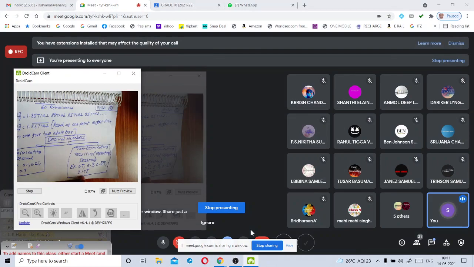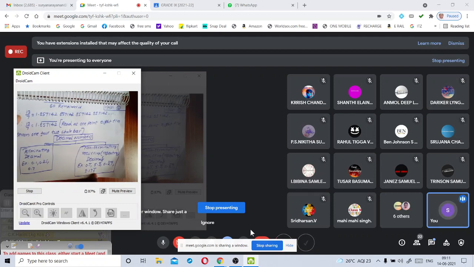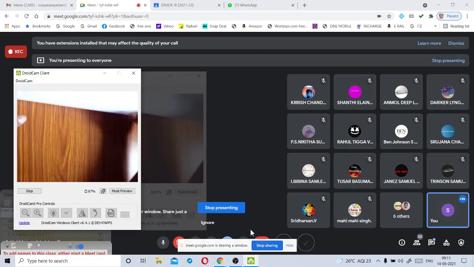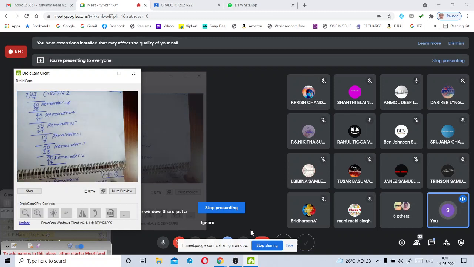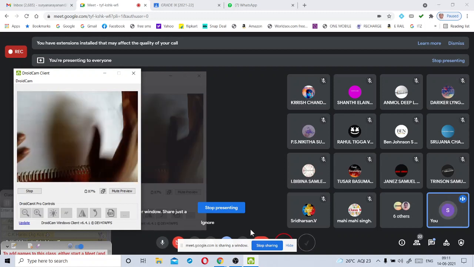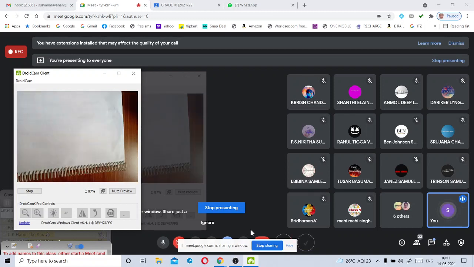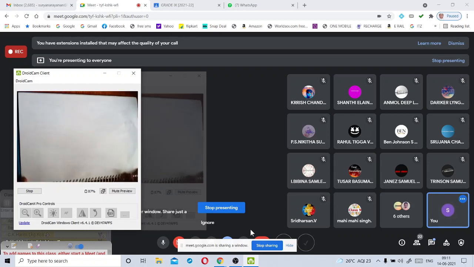Whereas in this example 3.176 bar, in this case only 6 is repeating. Got this point, my dear children? So just let us write the examples for pure recurring decimals and mixed recurring decimals.